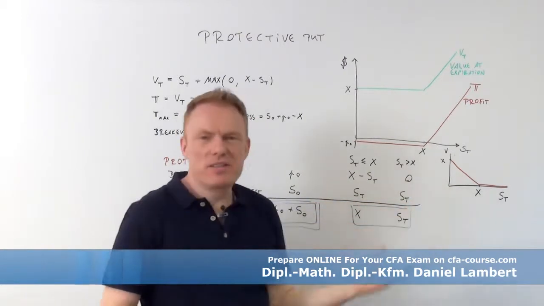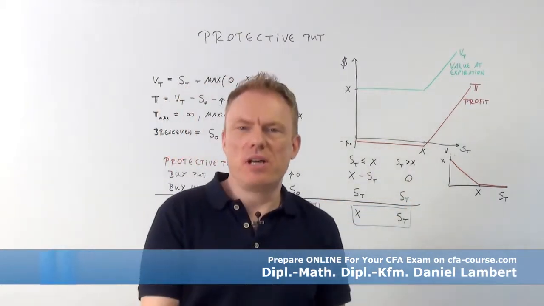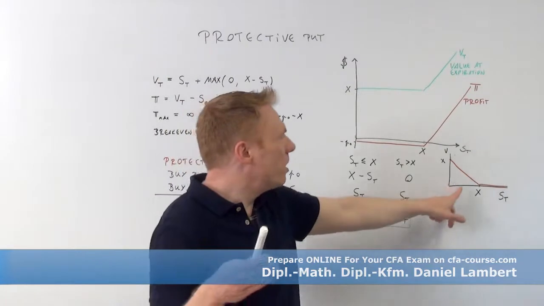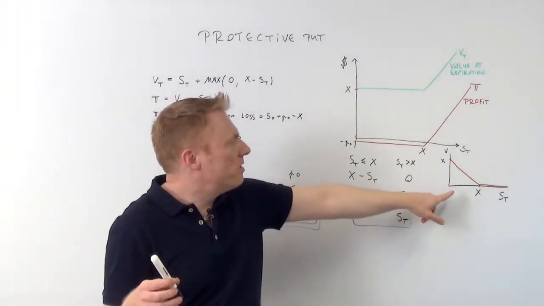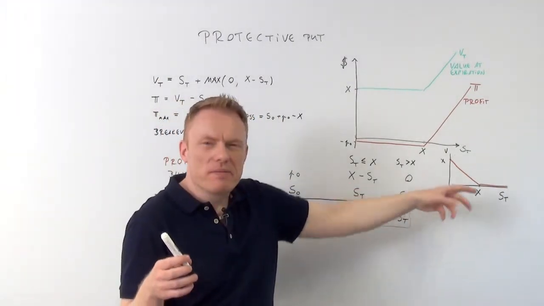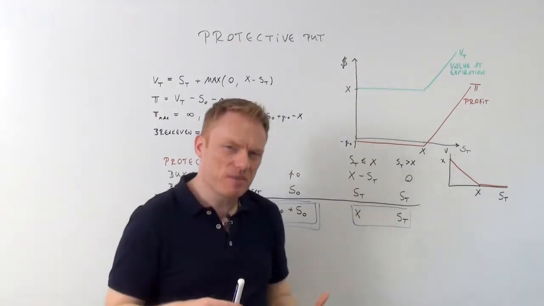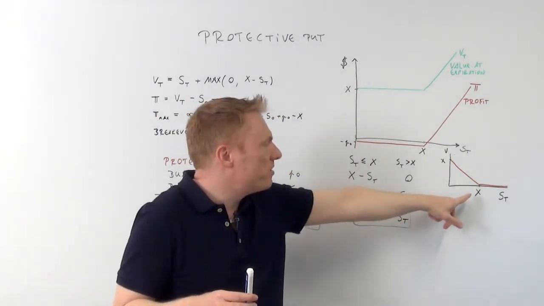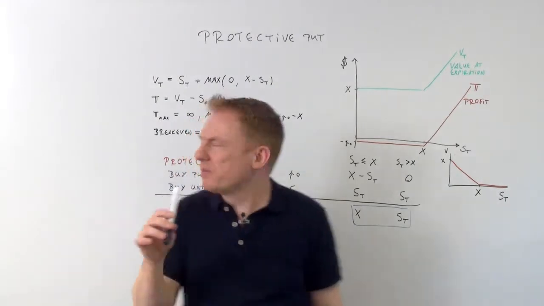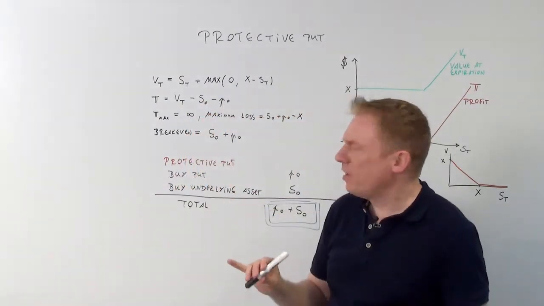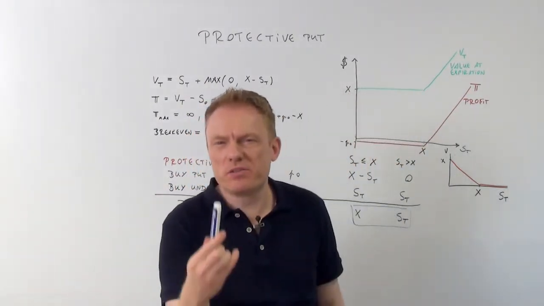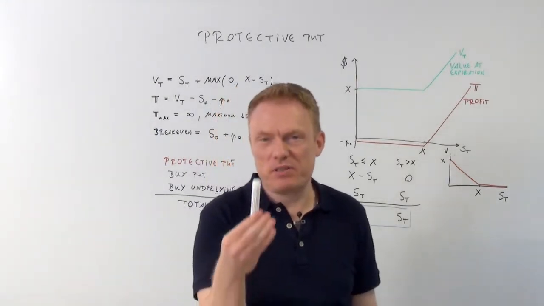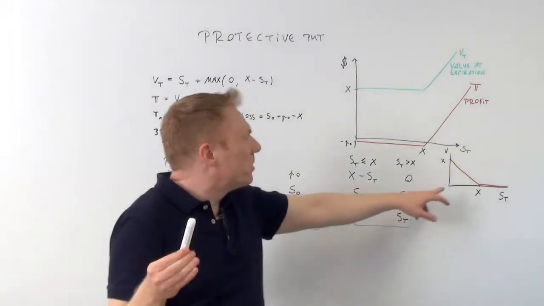Let's take a look at this. How come? Why is this true? Because if the stock price is inferior to the exercise price, concerning a put, then since we have the right to sell the underlying, we would do it.